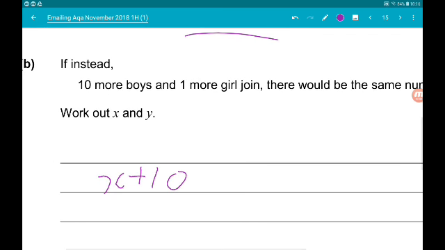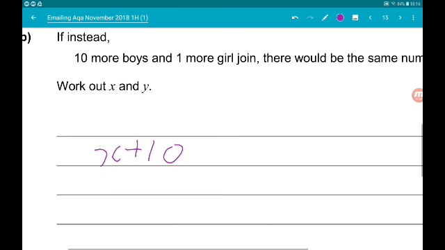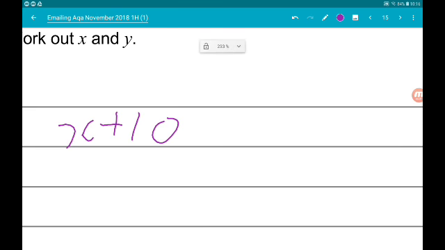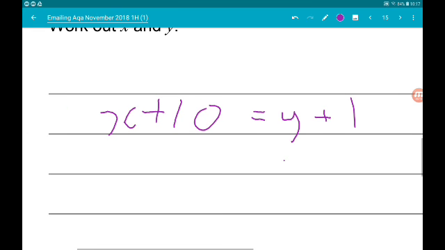We want to work out x and y. Okay, so if 1 more girl joined, it's y add 1. Now we know there would be the same number of boys and girls. So we're going to set that equal to each other.